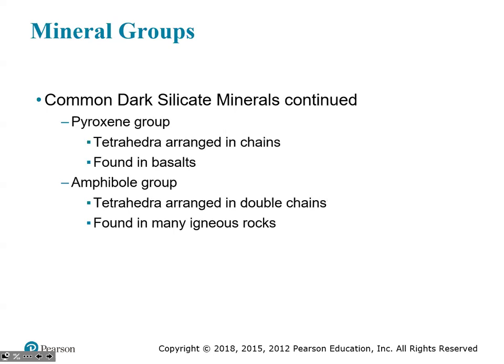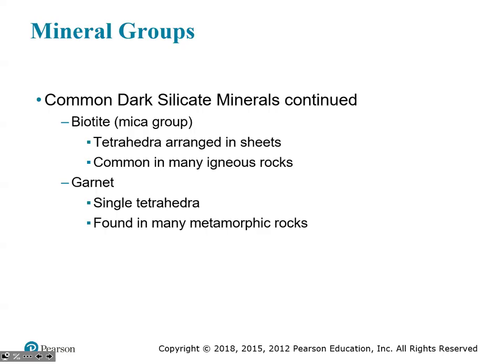There's also the pyroxene group. These have tetrahedra arranged in chains. Again, they're found in basalts. The amphibole group have tetrahedra arranged in double chains, and these are found in many igneous rocks. There is the dark silicate mica, biotite mica, which is a dark mica.